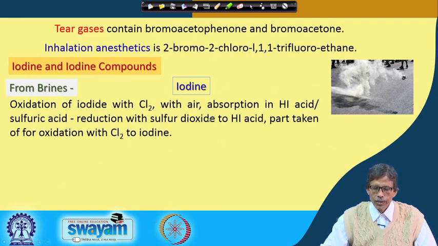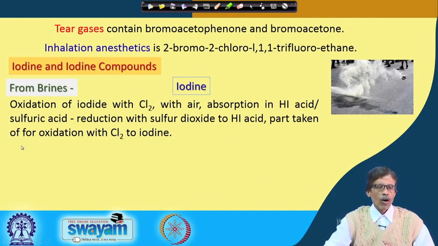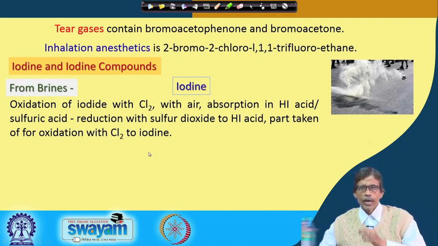Then with air, if we absorb this iodine in hydroiodic acid and sulfuric acid, sulfur dioxide can be used for the conversion to hydroiodic acid, and part is taken off for oxidation with Cl2 to iodine. So, Cl2 will be available there to oxidize your iodide salt.